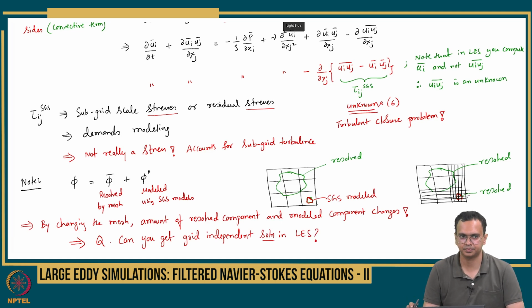What do you think? Let's say I keep on refining this and it eventually becomes a DNS mesh. Theoretically speaking, is your LES solution using a DNS mesh matching the actual DNS data? Does it? Why? That error is also there in the filtering part.